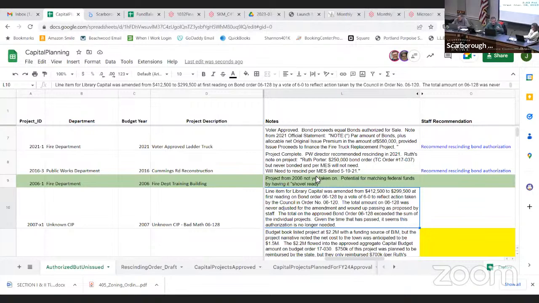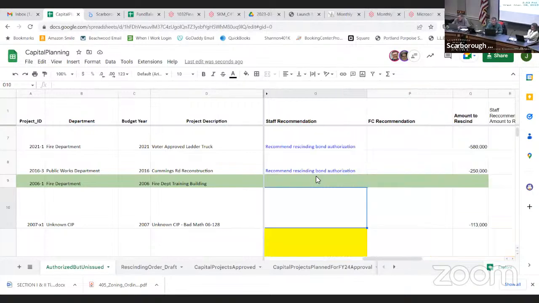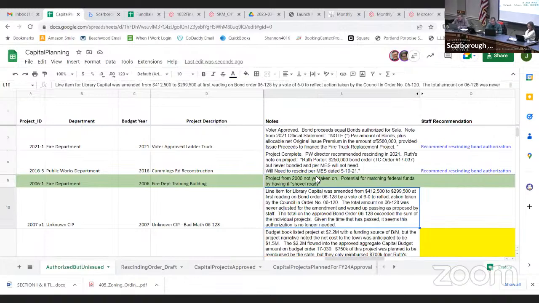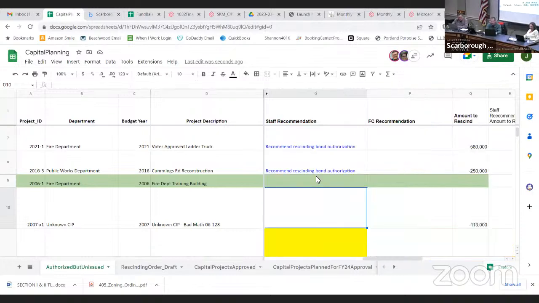It was just kind of an excess that's been hanging out there. It's $113,000. That's the bad math item. I don't know what capital improvement it relates to, but that's how I identified it. So in that situation, I had to make up a dummy project to account for it. Good choice of title. Thank you.